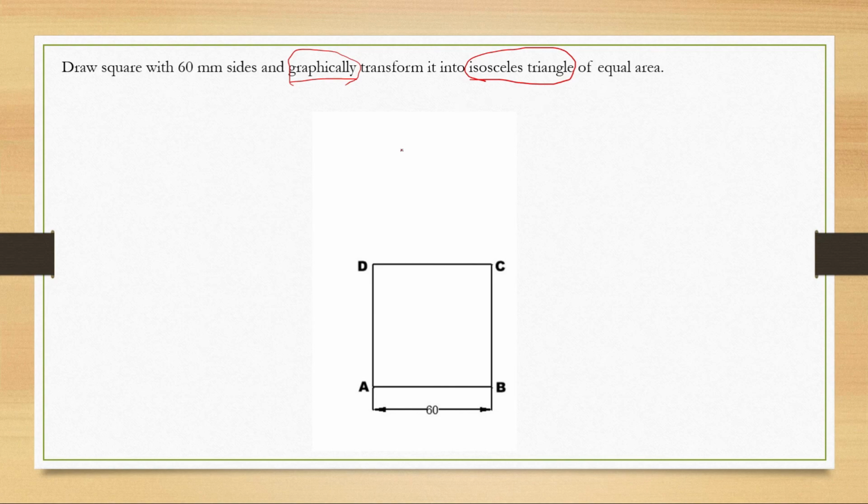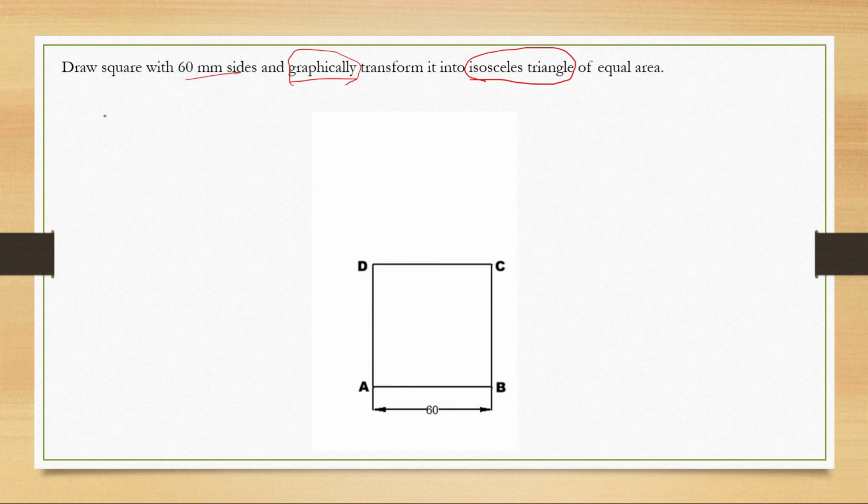This is considerably easy, not tough. One more thing I recommend for such graphical transformations: always use the drafter. It makes your work faster and easier, and gives you the advantage of being accurate.